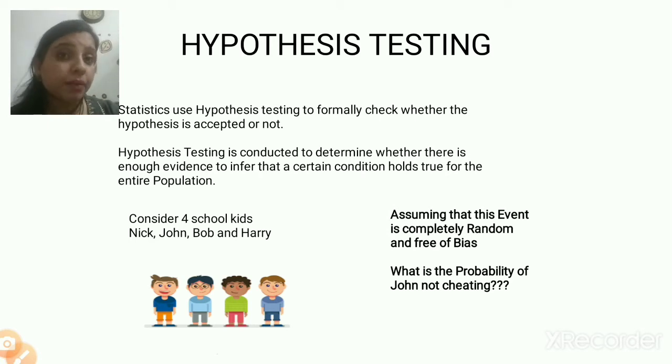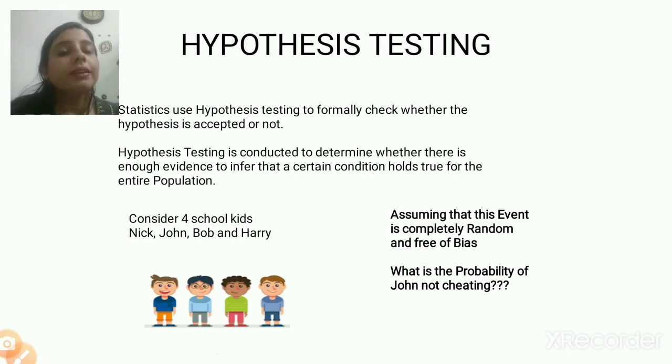What does completely random mean? Consider the first day of the event: John's name was not called, Bob's name was picked, so Bob cleaned the whole room. On the second day, Harry's name was picked. On the third day, Nick's name was picked. Again on the fourth day, Bob's name was picked. So for four days continuously, John's name was not picked.